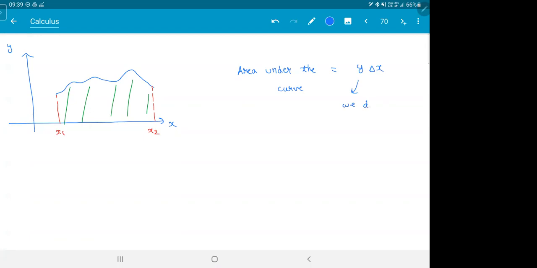We don't know, right? Every instant y is changing. At every point, there's a different y. We didn't have a problem in rectangle because the height was constant. So how do we handle this?